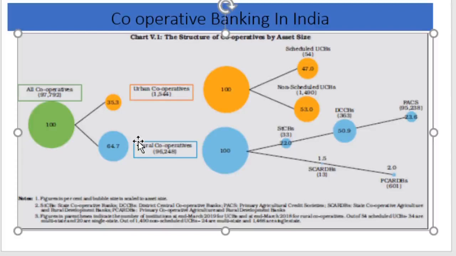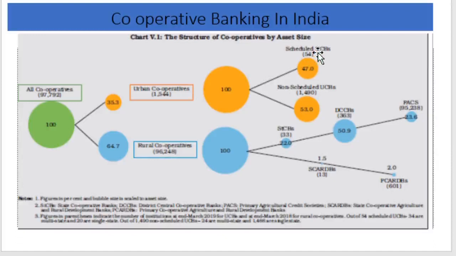The structure of cooperative banks by their asset size is given in this chart. That is, we have urban cooperative banks and rural cooperative banks. Urban cooperative banks are divided into scheduled urban cooperative and non-scheduled. Rural cooperative banks are divided into the state cooperative bank, district cooperative bank, and primary agricultural bank.